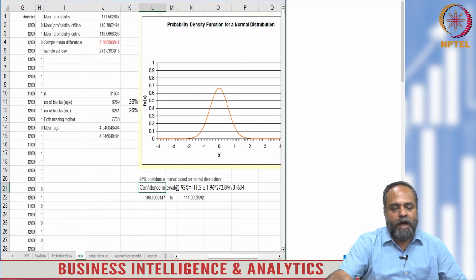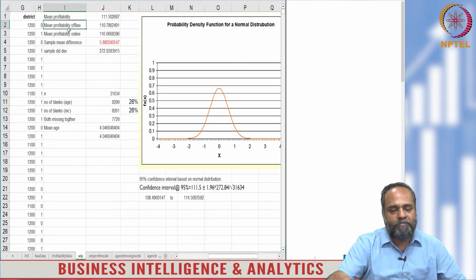I looked at the sample and calculated the mean profitability of the entire customer base, which is 111.50. Of course, I set up the confidence interval also. Then I filtered for offline customers alone, and their average profitability is 110.78. These are those who have not adopted self-service banking yet.